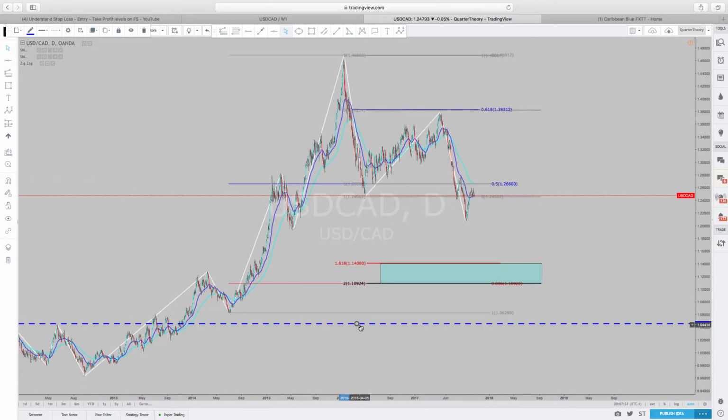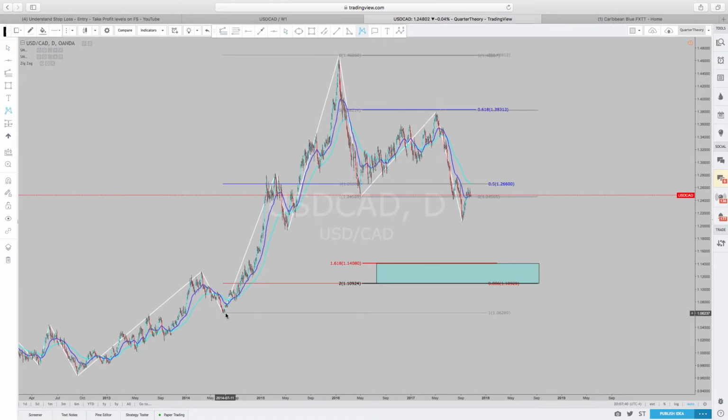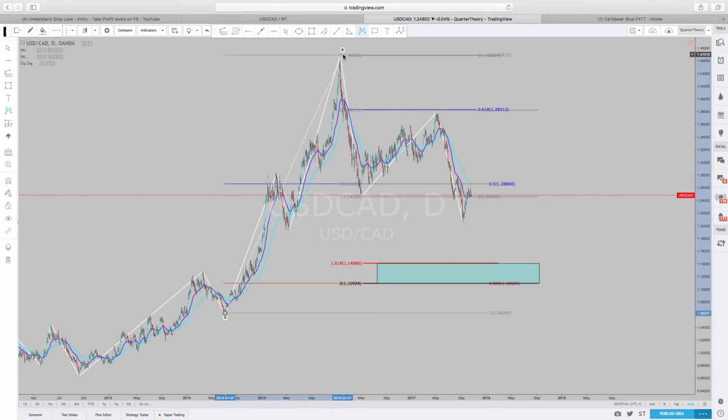I'm not going to have my stop this low. But anyway, this would be my bat pattern, X, A, B, C, D. So that's something that you can actually look at and take note, because we are currently in a downtrend.